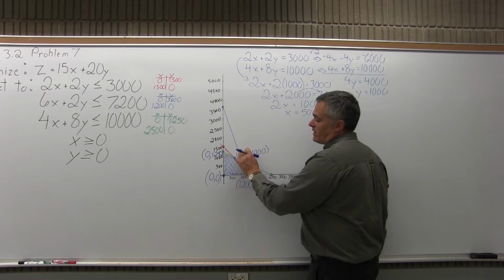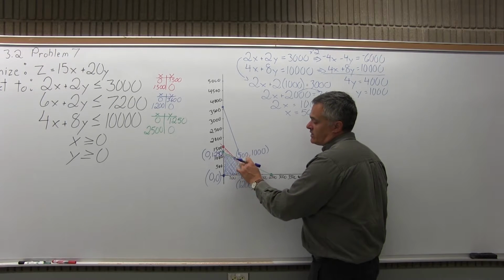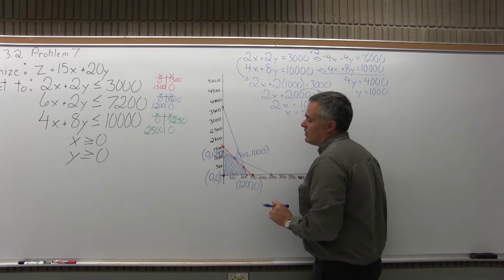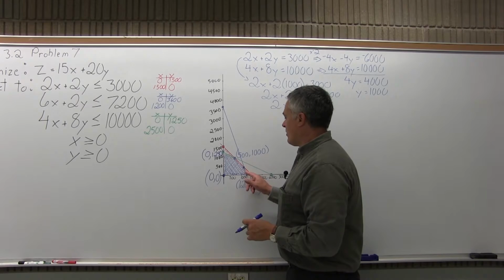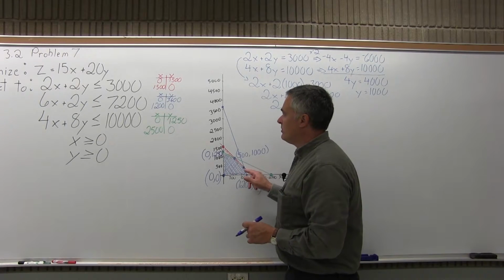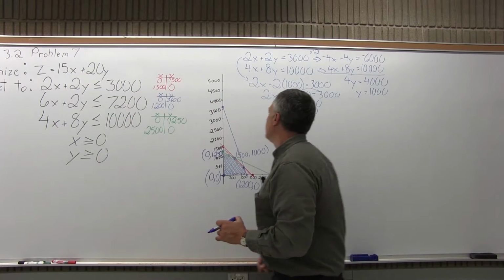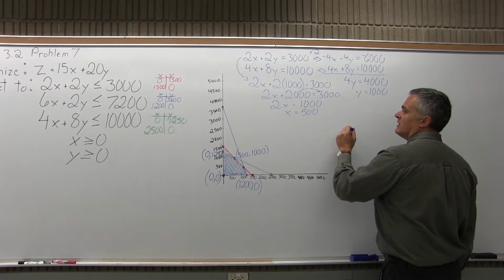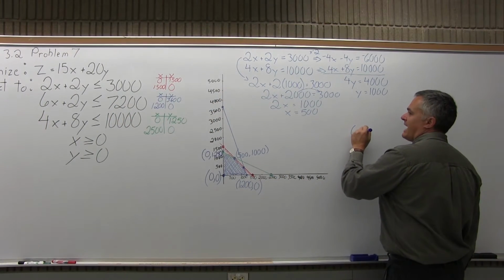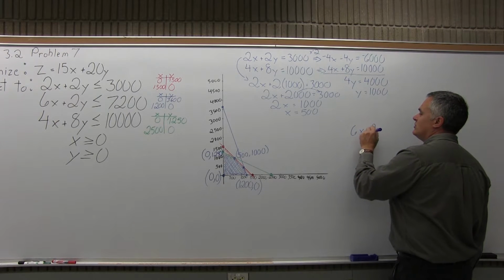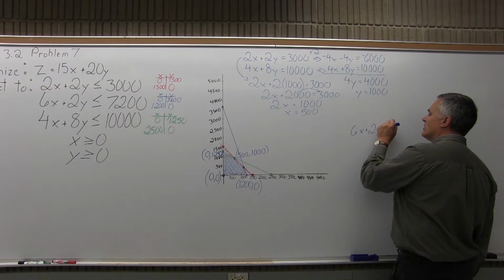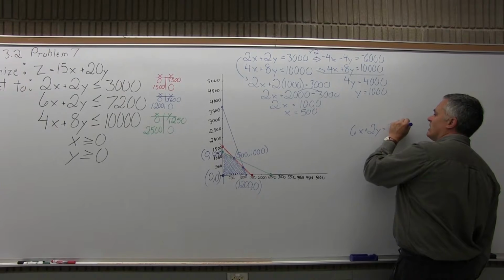Now, next one, I want to find where the blue line and the red line intersect with each other. So let's find which equations we would be working with. The blue line is the one that ends in 7,200. So let me just write the equation: 6x plus 2y equals 7,200.